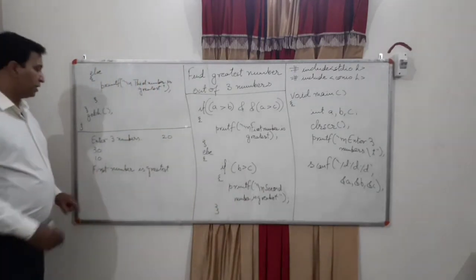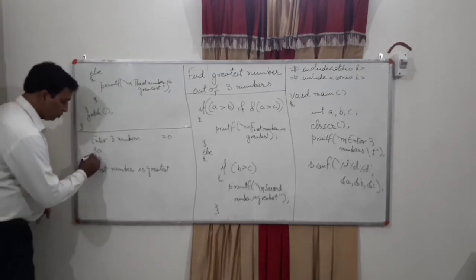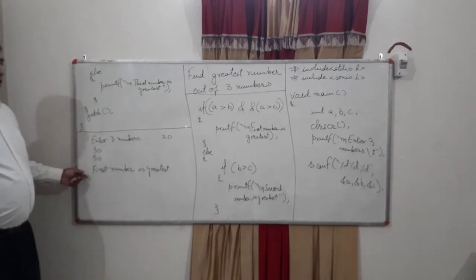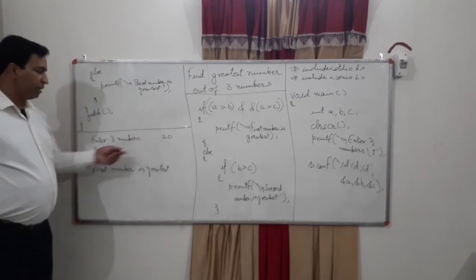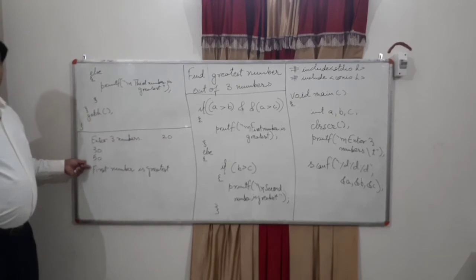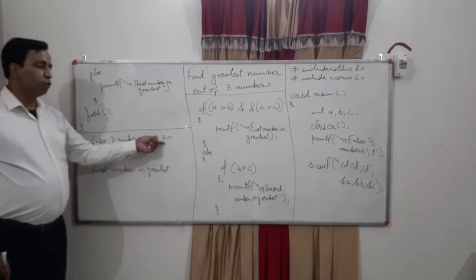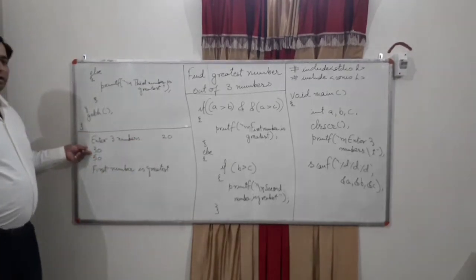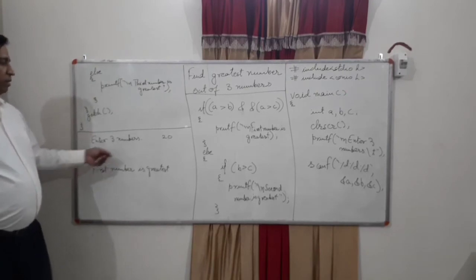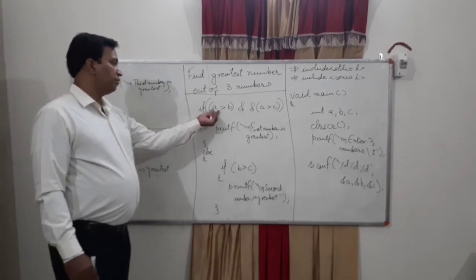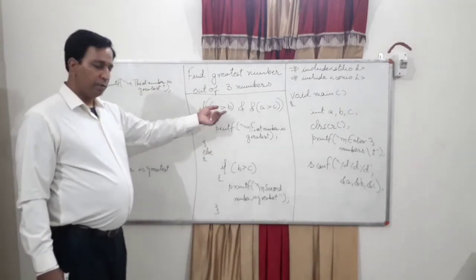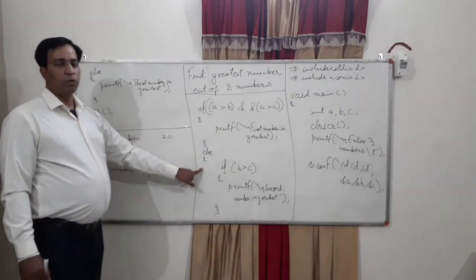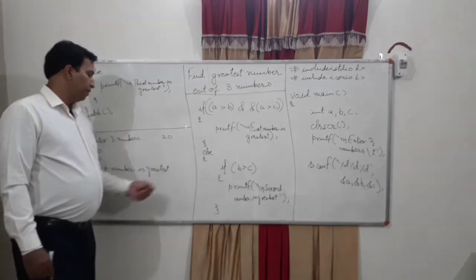Now check the third scenario. Right? Suppose numbers given are 20, 30 and 50. Okay? That means A is holding 20, B is holding 30 and C is holding 50. Now here what we are checking, 20 is greater than 30. Condition becomes false. The control will be shifted to else.